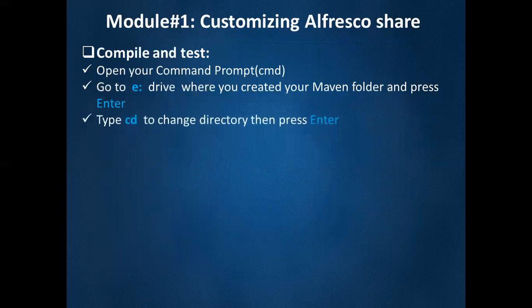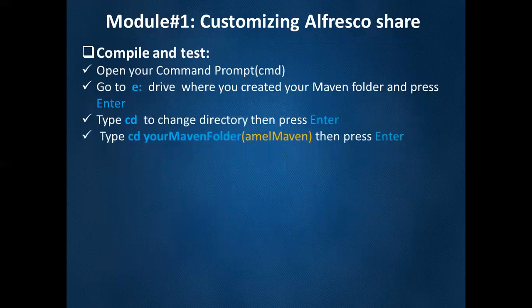Then type cd to change directory, then press enter. cd means to move from one folder to another folder. We want to enter our Maven folder, and after that we will use cd again to move to our Maven project.